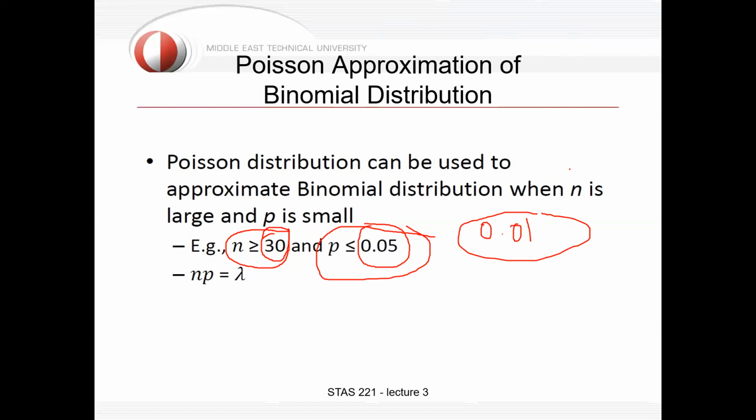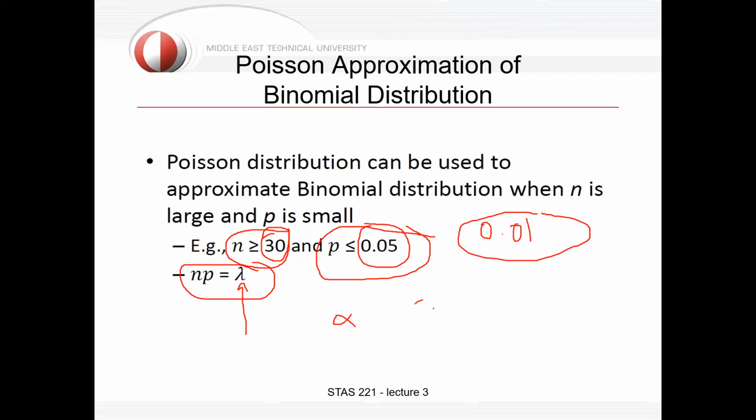But generally, once you can decide what is small and what is large, then whenever the number of trials is big enough and the probability of success is small enough, you can approximate the parameter of the Poisson distribution using this formula.